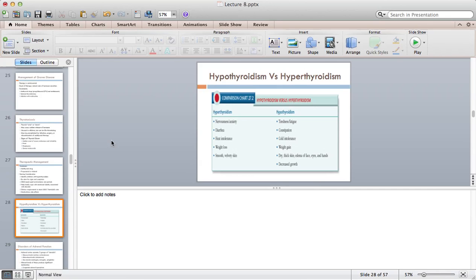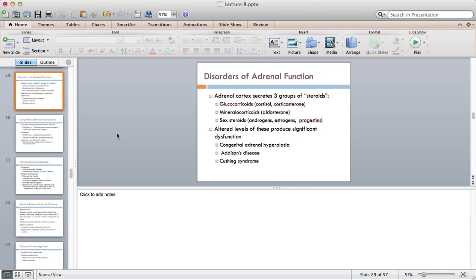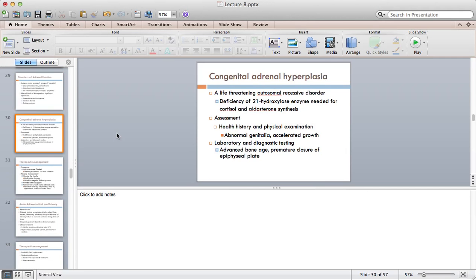So the growth is retarded in length prematurely, and then you start seeing very much overgrowth of the genitalia. If you look at a female patient, the clitoris looks almost the size of a fully developed penis.